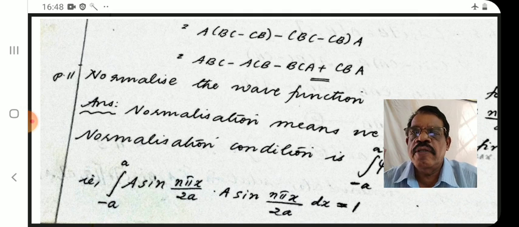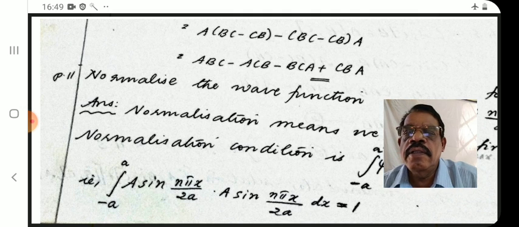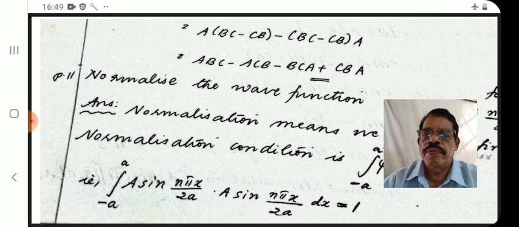That is A into (BC minus CB) minus (BC minus CB) into A, equal to ABC minus ACB minus BCA plus CBA. That is RHS.